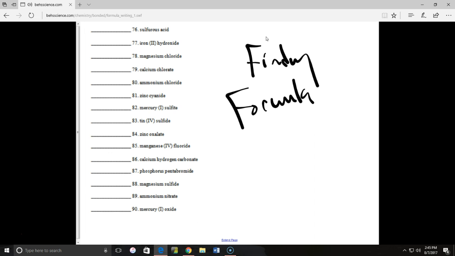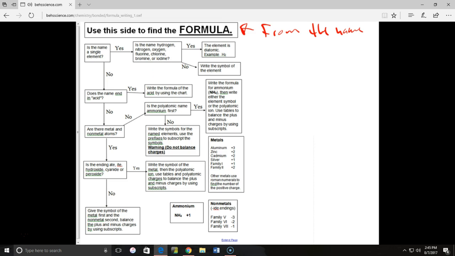So the very first one we're going to talk about is sulfurous acid. Alright, so we do the exact same thing as we did yesterday.